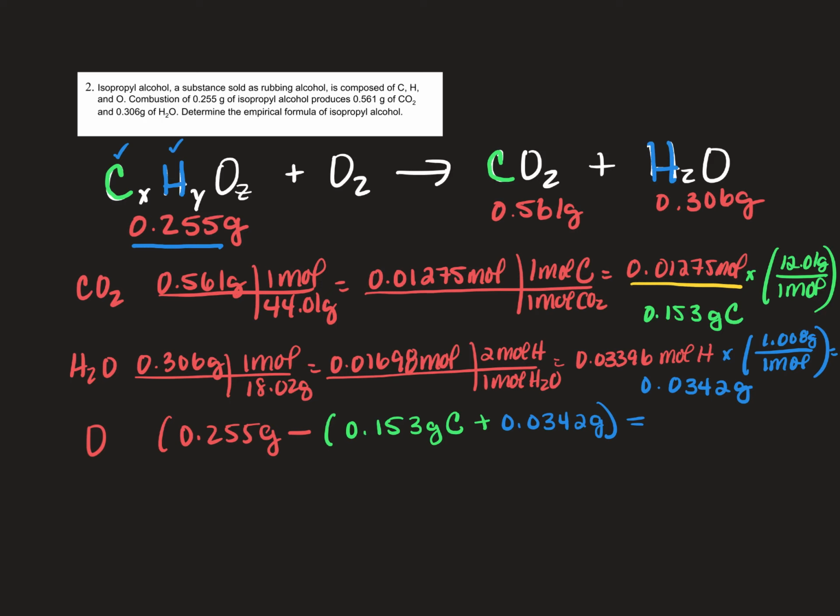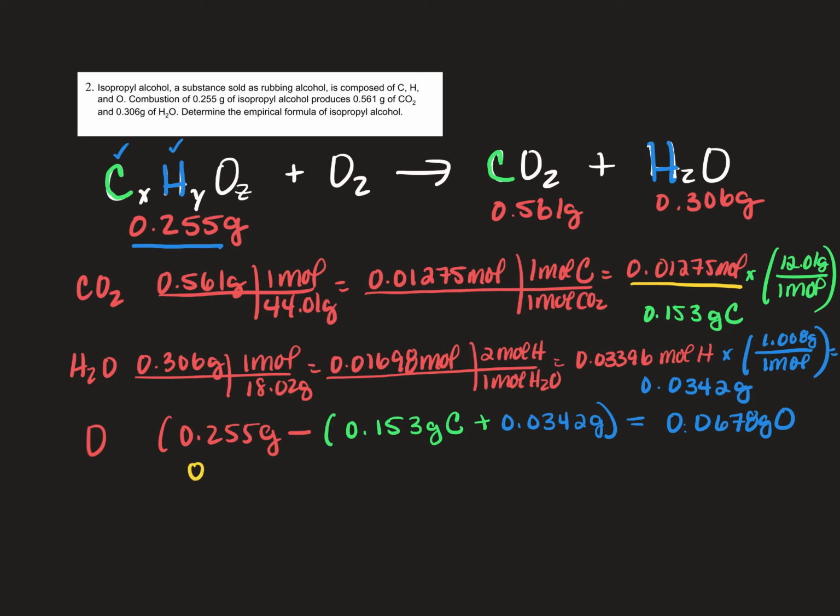So it's going to be 0.255 minus 0.153. So I have 0.0678 grams of oxygen. So now I need to figure out how many moles of oxygen that is.